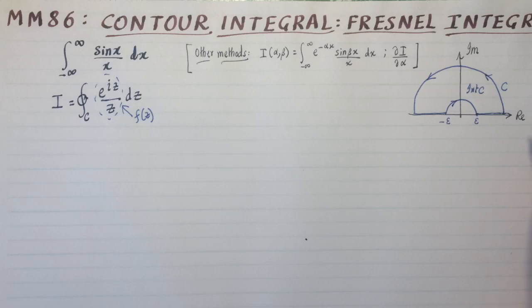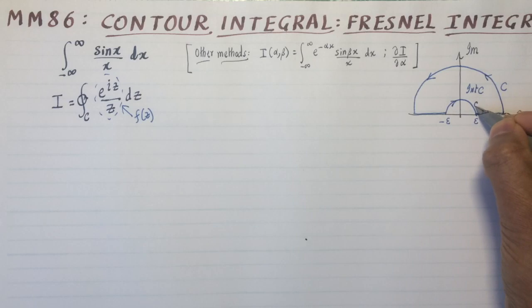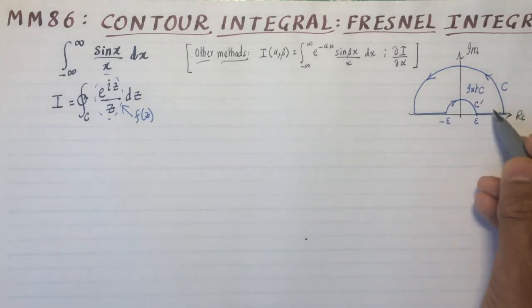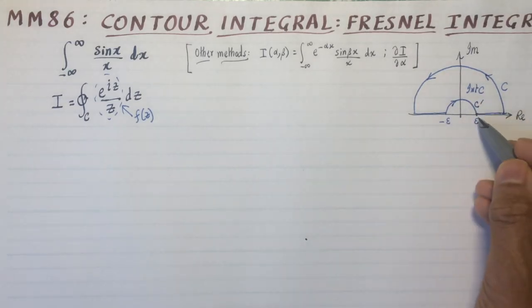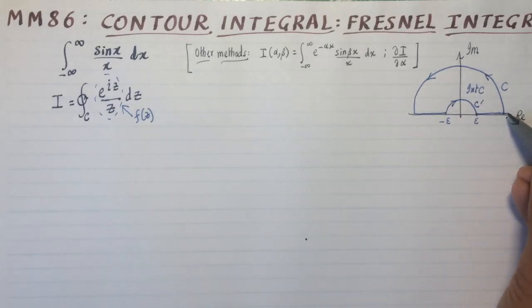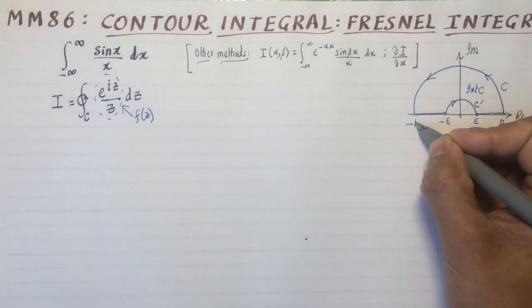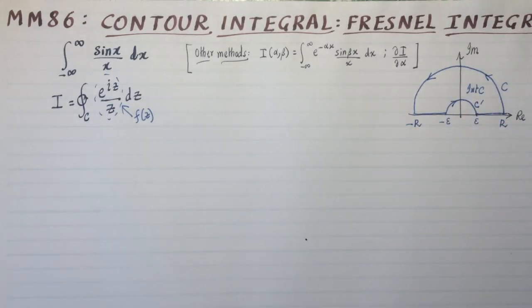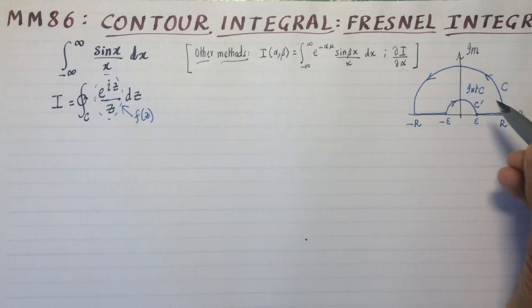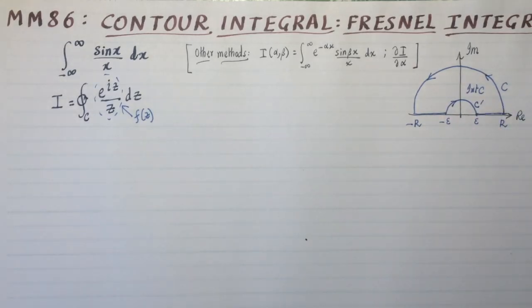So that's one thing we notice. I'm going to call the contour on this side C, and the contour on this side C prime. C prime is a clockwise contour that goes from minus epsilon to epsilon, and C is a counterclockwise contour. So I'll also put these values: the radius of the big contour is r, and the radius of the little contour is, of course, epsilon. So that's our contour.